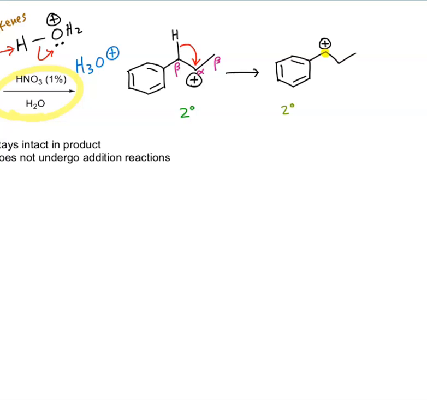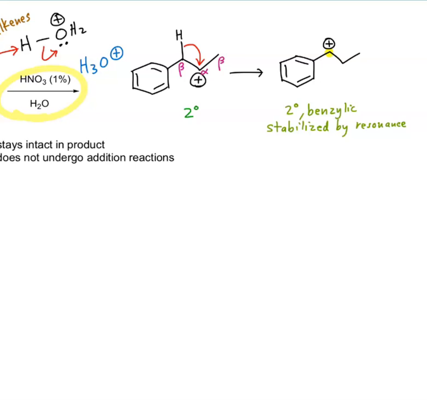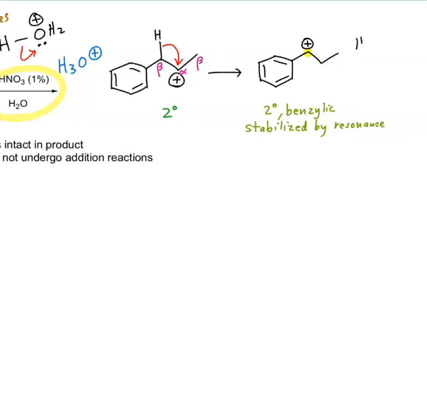The cation that we just formed, although it is also secondary, like the one that we started with, the positive charge is on a benzylic carbon. So this cation, unlike the one that we started with, is stabilized by resonance. So this is a secondary benzylic cation. It's more stable than what we started with because it's stabilized by resonance. Now, we had a strong acid and water in our reaction mixture, so this is going to be a hydration.